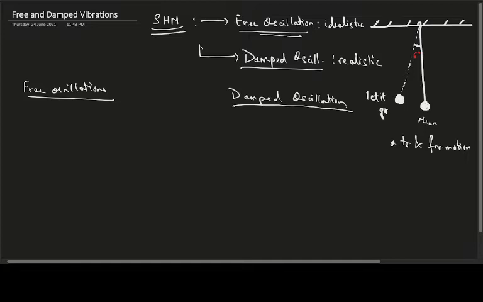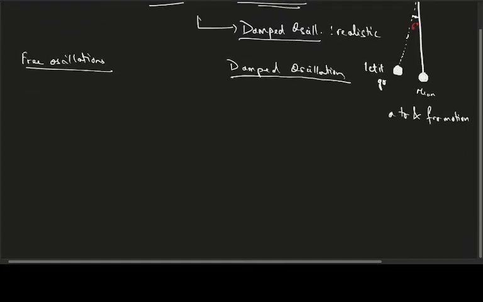For free oscillation, we know the equation of motion is basically that the restoring force F restoring is proportional to the displacement x. So we write F restoring is equal to minus kx.